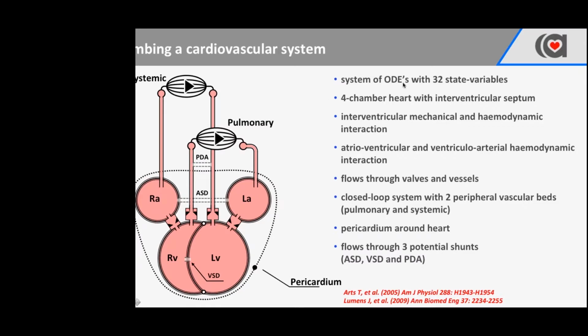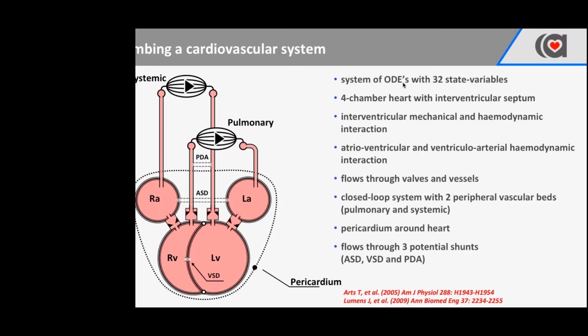Now, the system itself consists of ODEs, ordinary differential equations, with 32 state variables in this form of CircAdapt that I show you right now. Of course, if you increase the amount of modules or the amount of arterial venous system, then you will have more state variables. But this is the basic form.